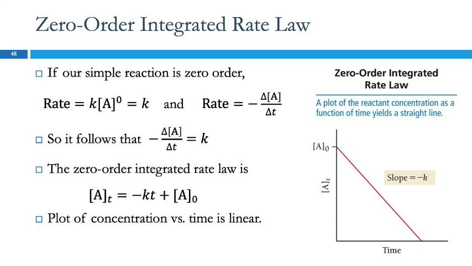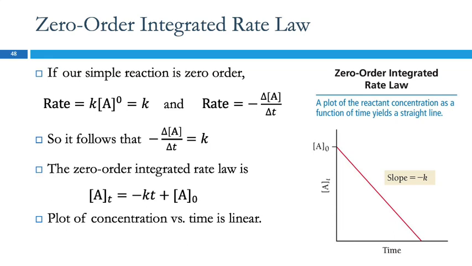Okay, what about zero order? Well, following this same process, for zero order, the rate is equal to K times the concentration to the 0 power, which is just K. The rate is always still equal to negative change in concentration over change in time. So we get the change in concentration over change in time is equal to negative K. And so then when we do the integrated rate law, we get the concentration of A at time t is equal to negative KT plus the concentration at 0.